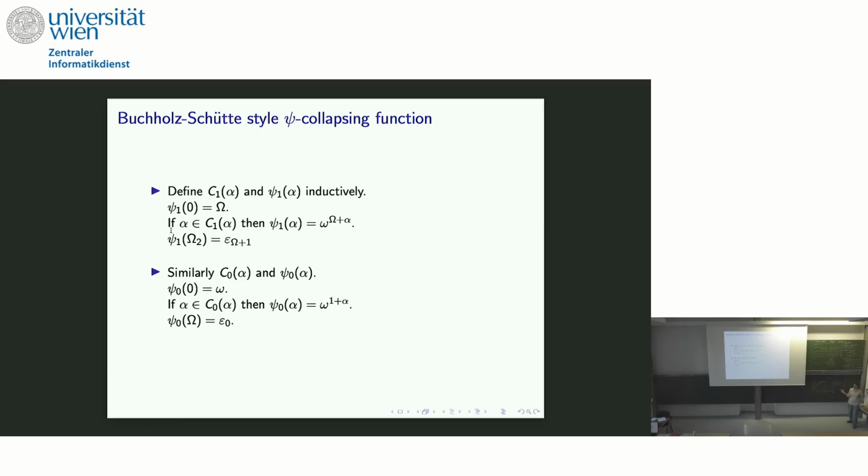The C1, 0 set has all the countable ordinals. The smallest ordinal that it doesn't have is capital omega, so that becomes the value. Progressing in that way, psi1 alpha is omega to the alpha plus 1.